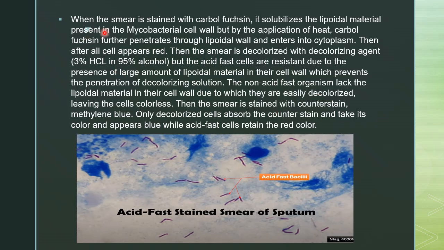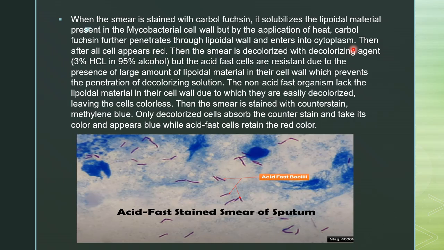Now see, when the smear is stained with carbamazepine, it solubilizes the lipoidal material present in the bacterial cell wall, but by the application of heat, carbamazepine further penetrates through the lipoidal wall and enters into the cytoplasm. This is what happens in the first step. First you will take a slide, you will make a smear. After making the smear, you will put the carbamazepine on top of it.